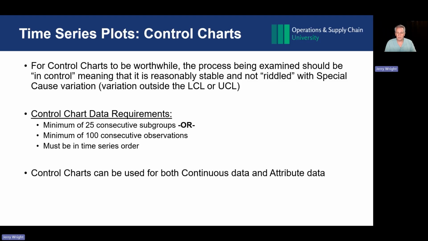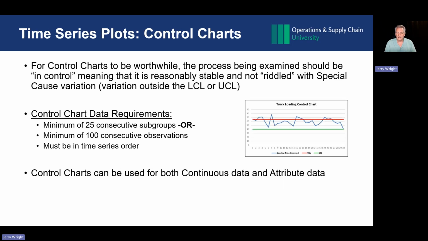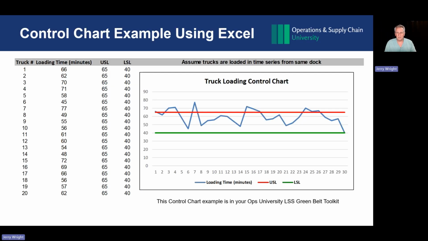Now, control charts can be used for both continuous data and attribute data. Either one works. Keep in mind, I've got an example here I'm going to share with you. This one is actually a different type of thing. It's not a pure control chart. It's actually got upper spec and lower spec limits versus upper control and lower control, but you can change them easily. They're easy to calculate. So in this example, I've got an upper spec and a lower spec limit.